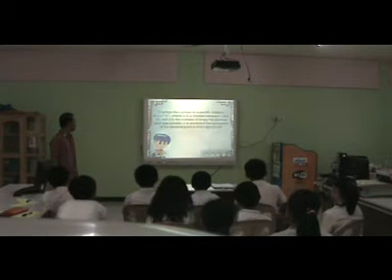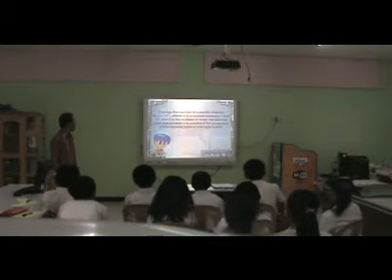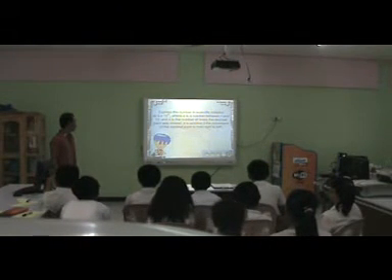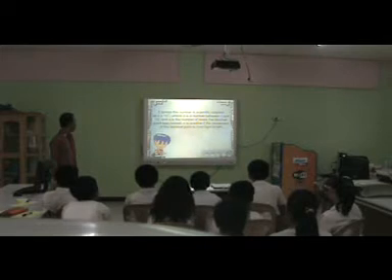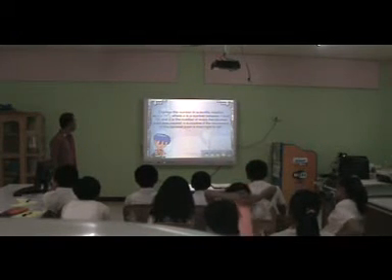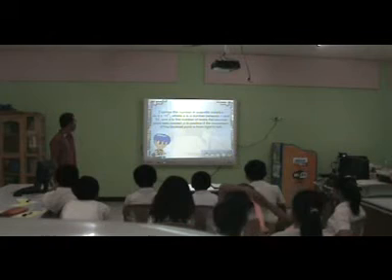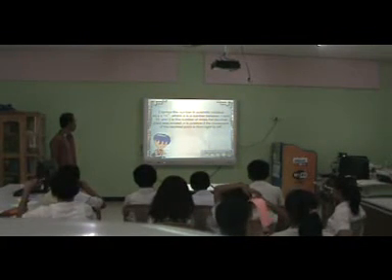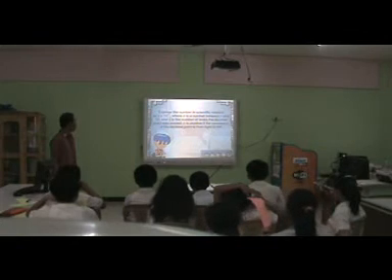Third, express the number in scientific notation as A times 10 to the n, where A is a number between 1 and 10, and n is the number of times the decimal point was moved. n is positive if the movement of the decimal point is from right to left.